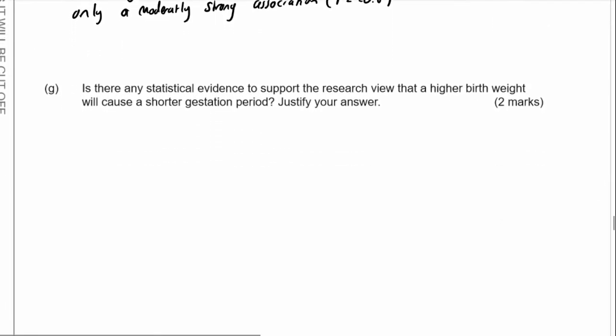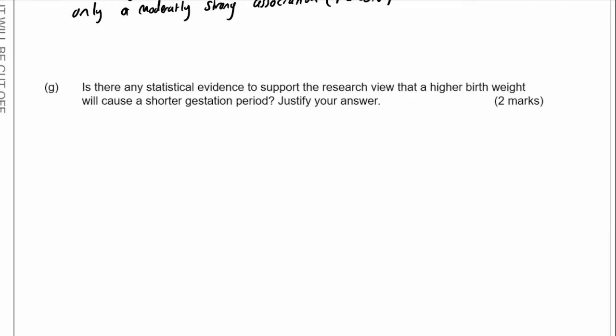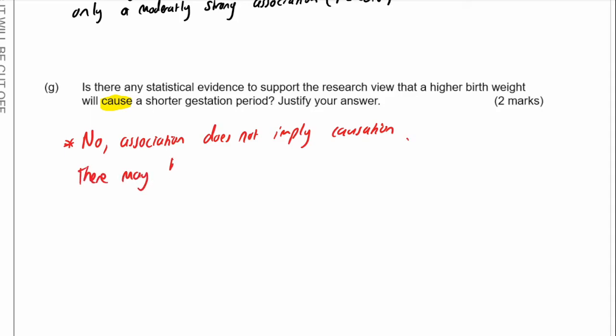All right, next: is there any statistical evidence to support the research view that a higher birth weight will cause a shorter gestation period? So anytime you see the word cause, or anytime the question implies something's causing something, there is a standard response. The standard response is no. Association does not imply causation. There may be lurking or confounding variables.